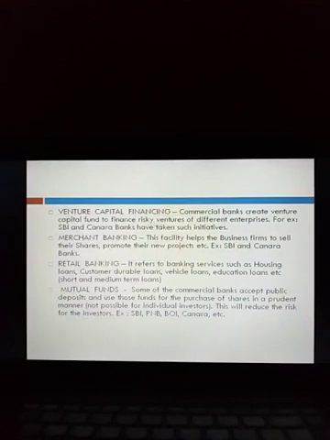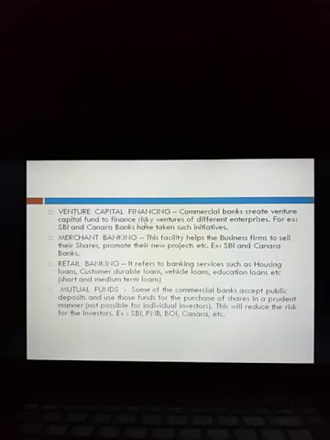Venture capital financing. Commercial banks create venture capital funds to finance risky ventures of different enterprises. Here, when I say risky ventures, it means financing business firms whose risk is more. Remember, no business activity is free from risk.